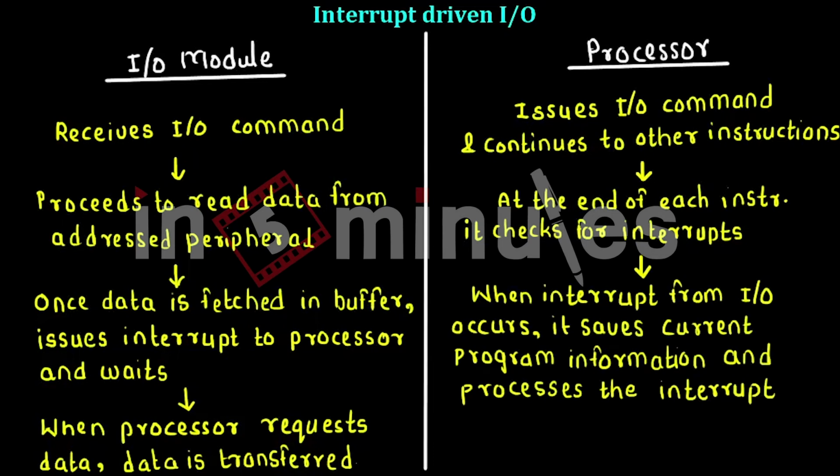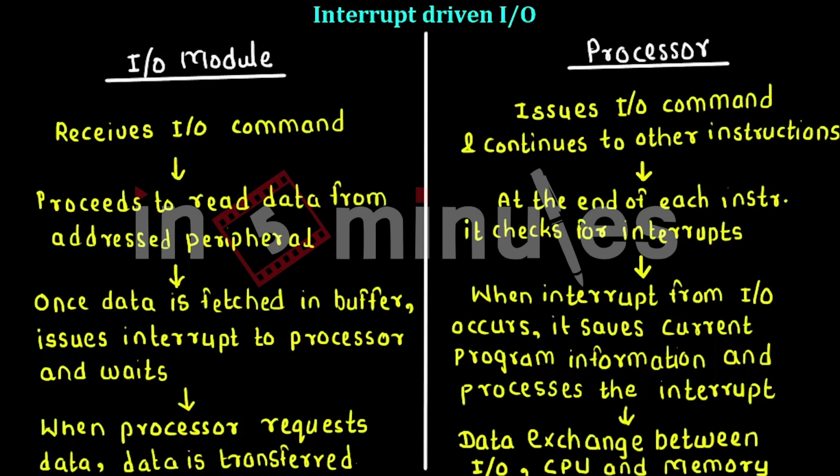When the interrupt actually occurs, it first saves the current program information, and then it processes the interrupt. During the processing of the interrupt, the data exchange between the input/output device, the CPU and memory is carried out. In this way, we have seen both perspectives of interrupt-driven I/O, the I/O module and the processor.